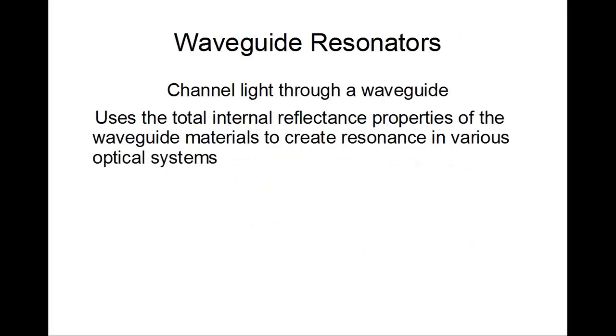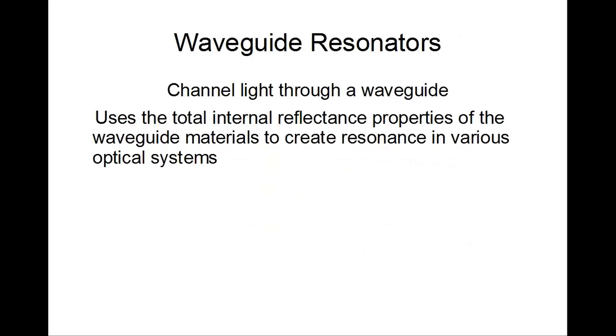Waveguide resonators channel light through a waveguide, so instead of reflecting light off of mirrors that you can see, where it bounces back and forth, you use a cylindrical system. Typically you think of fiber optics, which use total internal reflectance to keep the light trapped within the system.